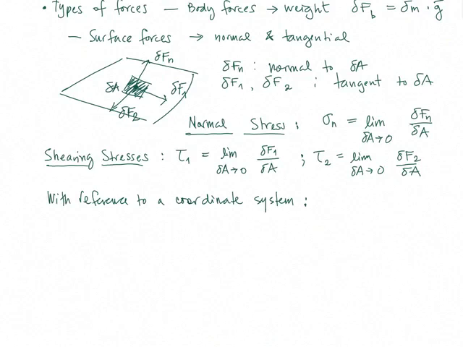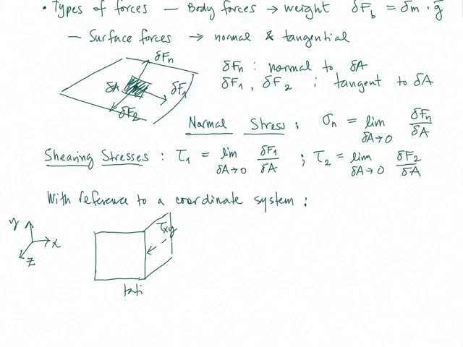Let's write our coordinate system, which will be x in this direction, y upwards, and z. And let's draw a box which represents an element of fluid, a cubic volume which has faces orthogonal to each reference coordinate.